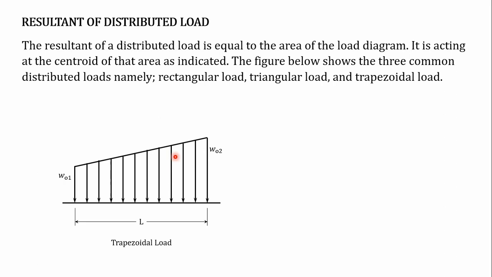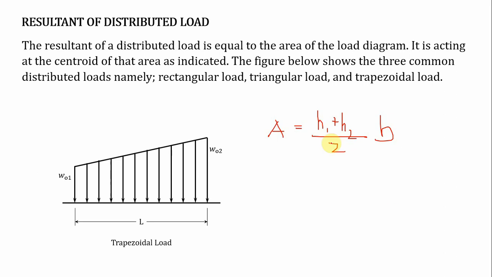resultant force of the trapezoidal load, class? If we only get the resultant force, that is simply the area of the trapezoid: h1 plus h2 divided by 2, times base.